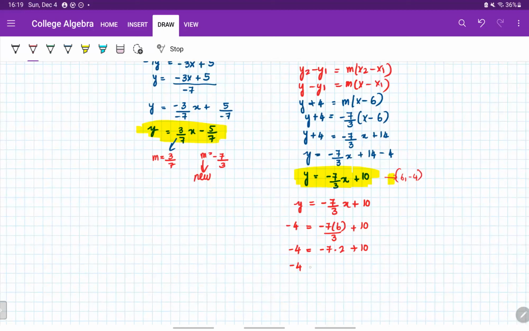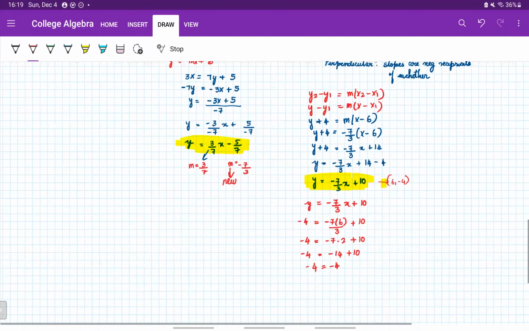This -4 equals -14 + 10. We have -4 equals -4. So this equation is the right equation, so it passes through the point (6, -4), and we've already shown that the slopes are correct. That is, both the lines are perpendicular to each other.